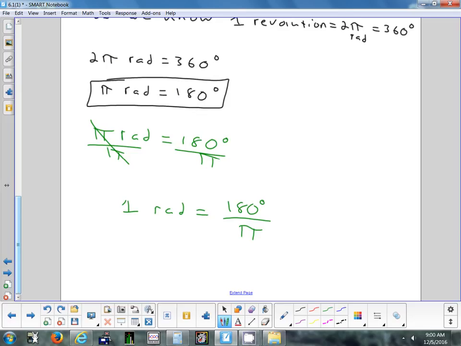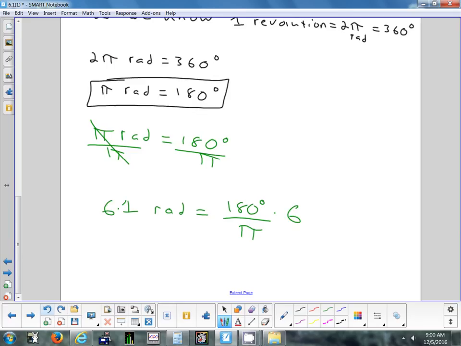Now, look at this equation. What if I wanted to know how many degrees in 2 radians? What could I do to each side of this equation to figure that out? Trevor? Yeah. Multiply by 2, multiply by 2. Now you have a formula for 2 radians. 2 radians is 180 times 2 divided by pi. What if I wanted to know for 6 radians? Could multiply both sides of this equation by 6.